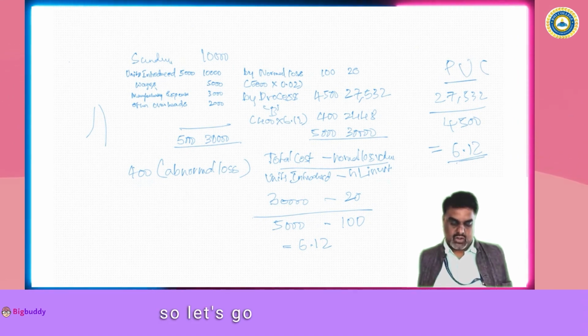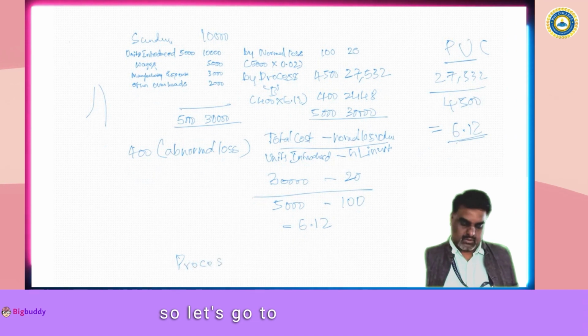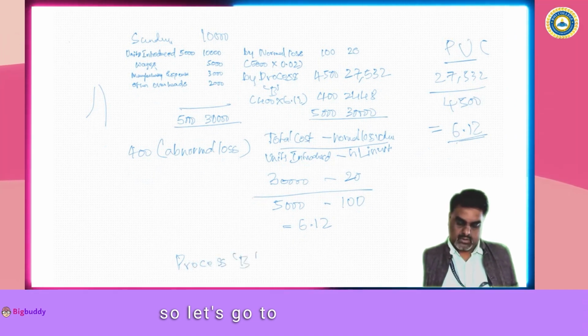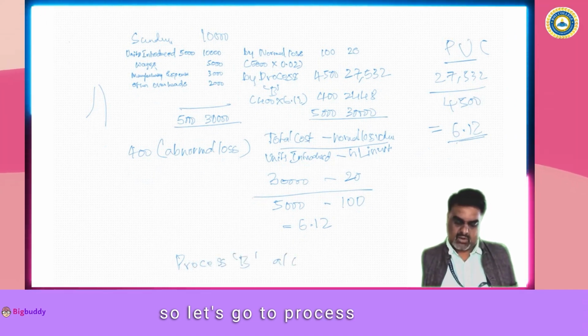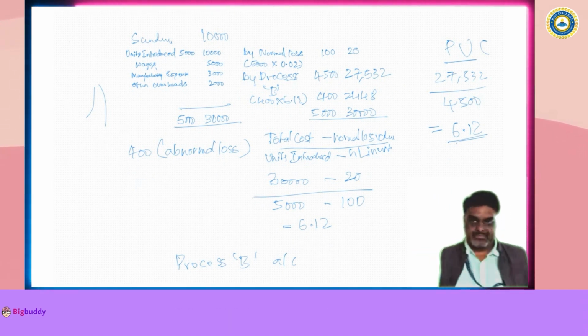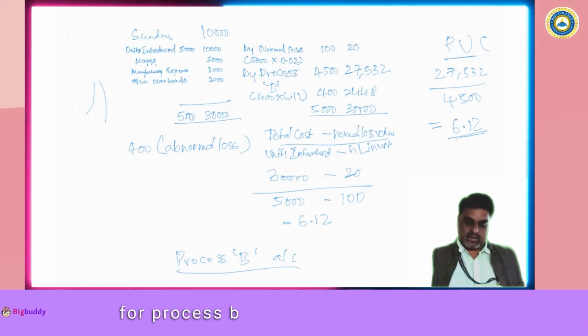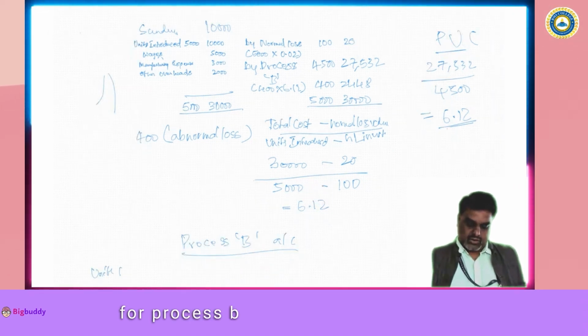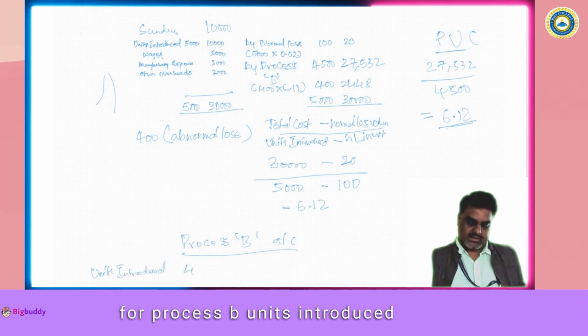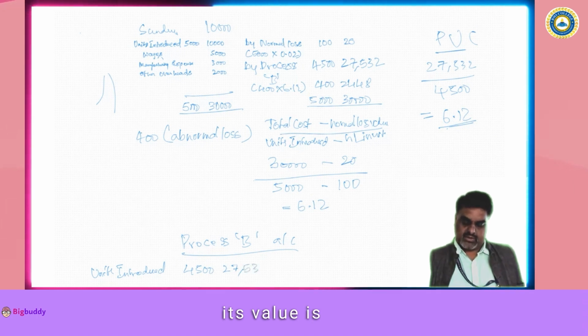So let's go to process B account. So how much do we transfer? For process B, units introduced here, 4,500.